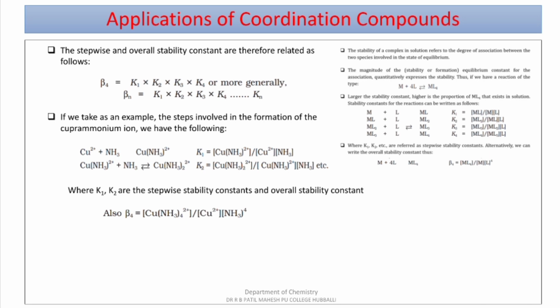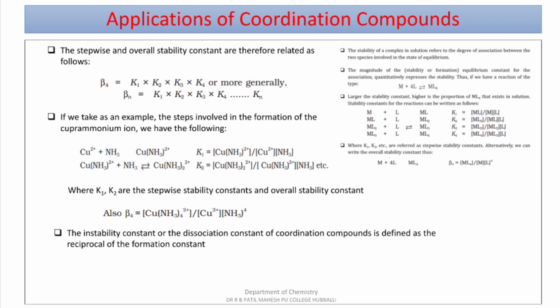Therefore, beta 4 is equal to the concentration of [Cu(NH3)4]2+ divided by the concentration of Cu2+ into the concentration of NH3 to the power 4. The instability constant or the dissociation constant of coordination compounds is defined as the reciprocal of the formation constant.